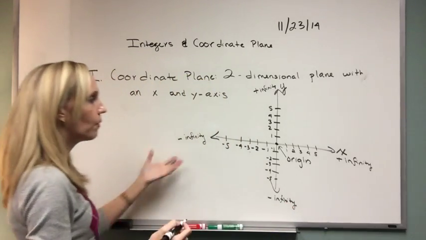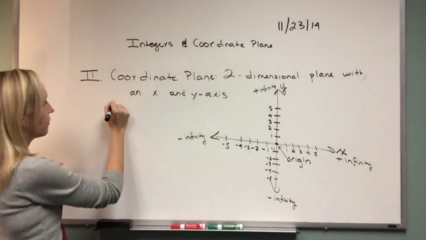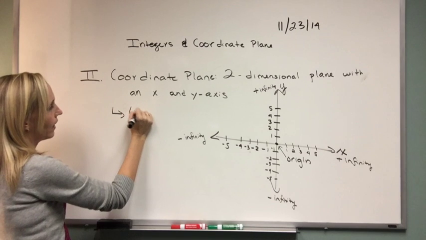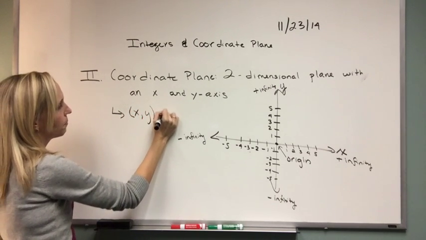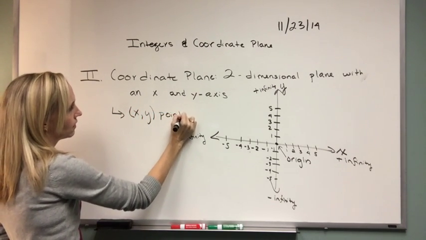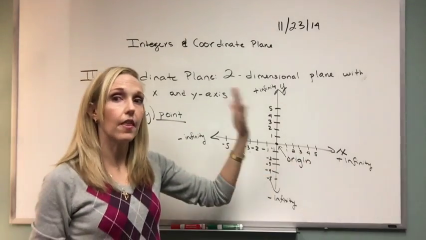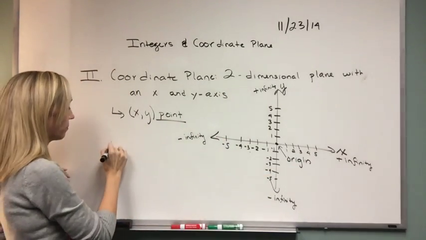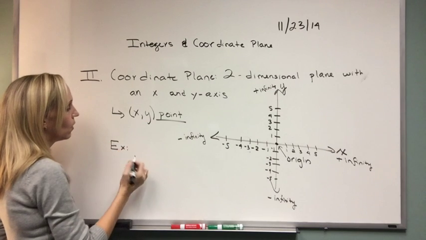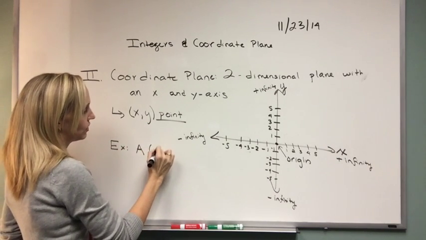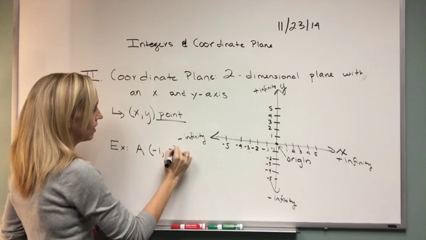Now we plot points on our coordinate plane in the form of an x and y point, where you always do your x first and then your y. So for example, and this is all we're going to do, we are going to plot A, which is -1, 3.